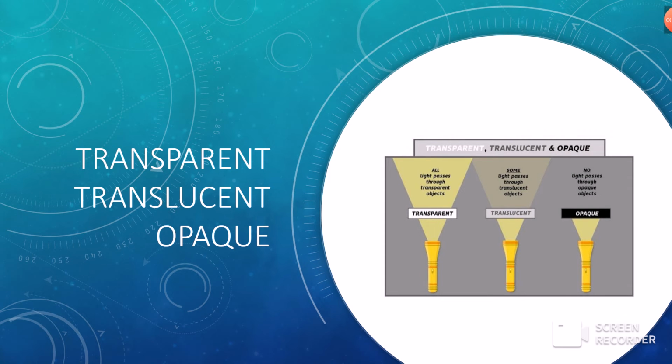All light passes through transparent objects. In translucent, some light passes through it. In opaque, no light passes through it.